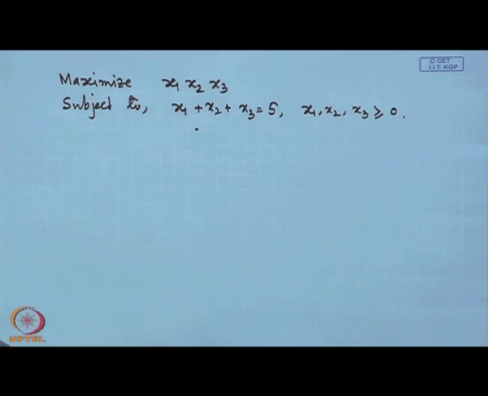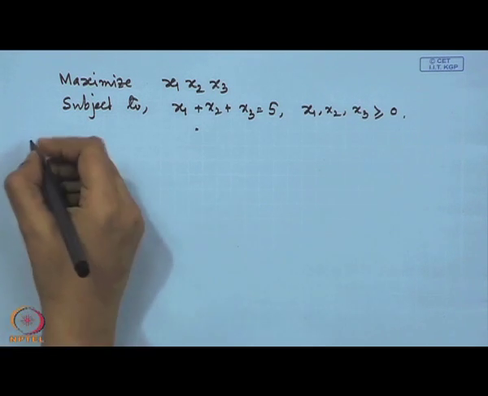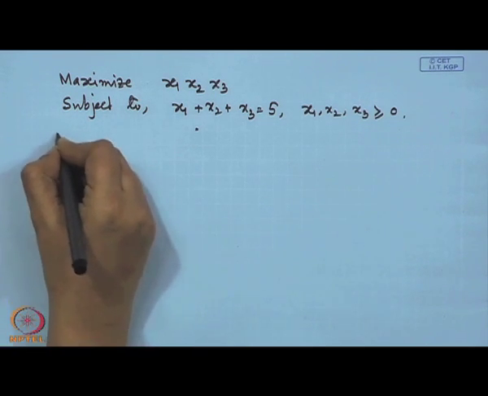By converting this problem into 3 stages, we will start from the first stage considering only the variable x1. Next we will move to the next stage, that is f2 x2. In this way we will proceed. For that we need to consider the state variables.